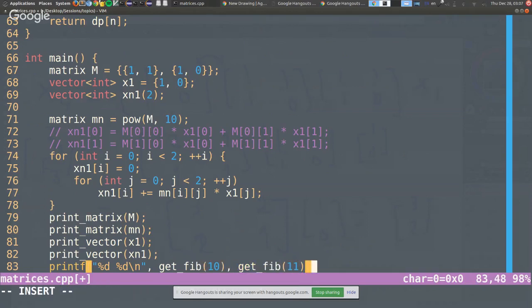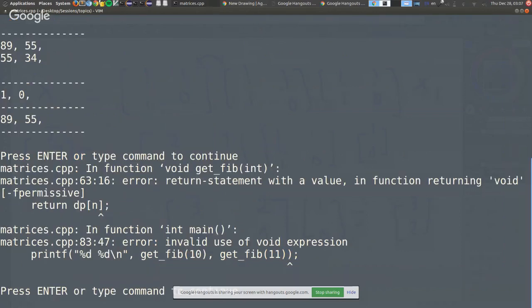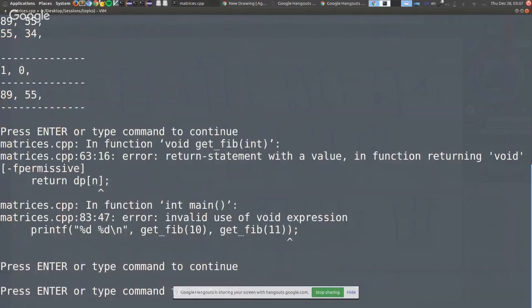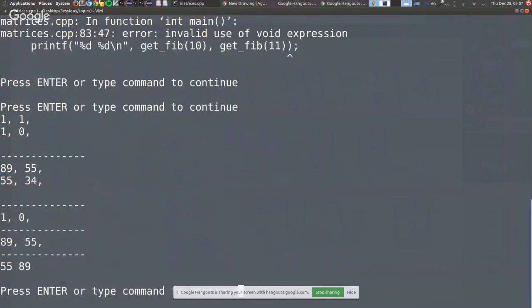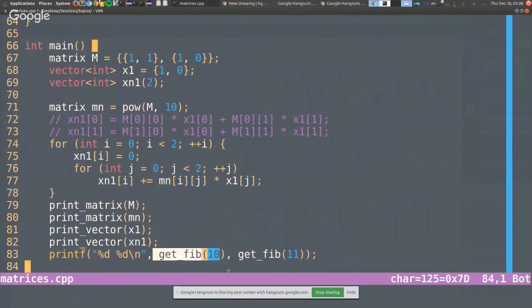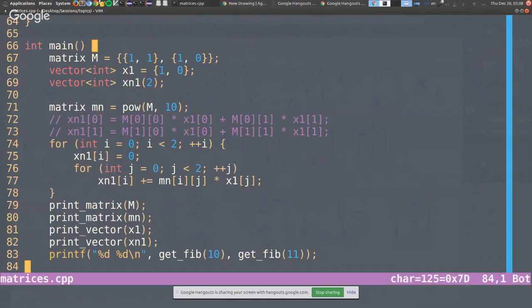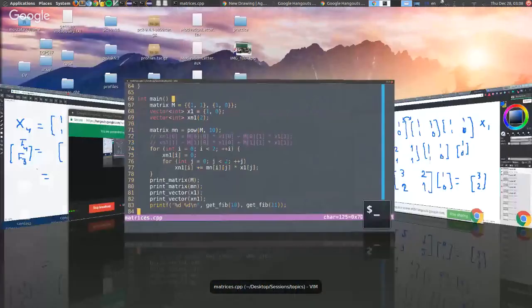So this should be the elements of the last vector that we're printing. As you can see, the Fibonacci of 10 and Fibonacci of 11 are the elements of this vector. So basically, this is one way to solve the linear recurrence.